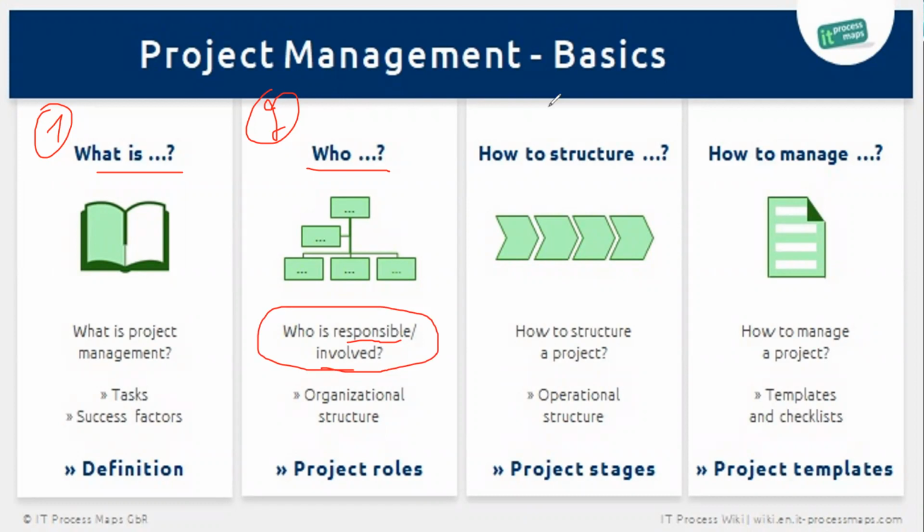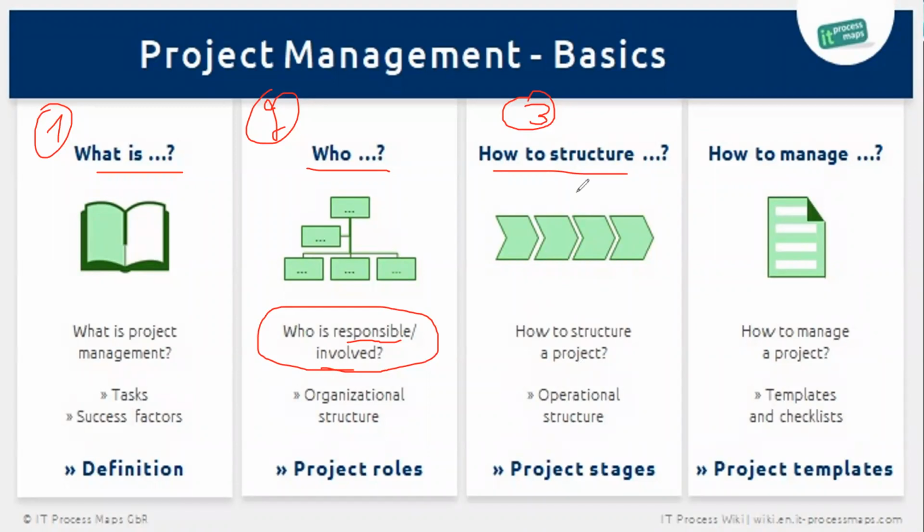The third question is how to structure. We're going to see in a minute that we will be talking about some phases in the project life cycle, which are initiation, implementation, execution, and delivery. We have these four targets.